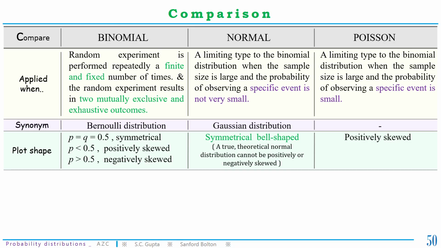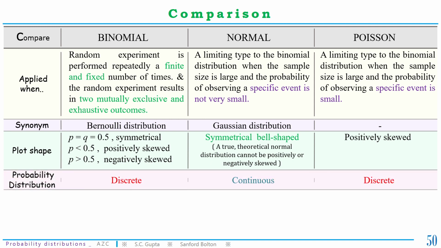A true theoretical normal distribution cannot be positively or negatively skewed. Poisson distribution is positively skewed. Binomial and Poisson distributions are types of discrete probability distribution. Normal distribution is a type of continuous probability distribution.